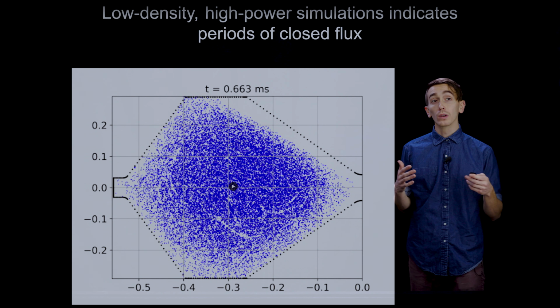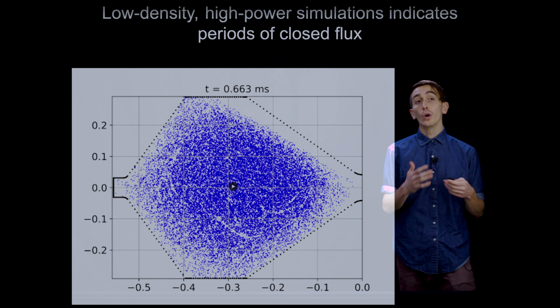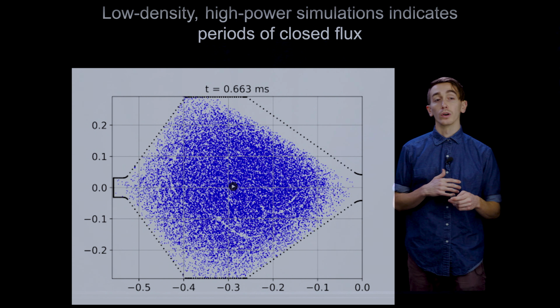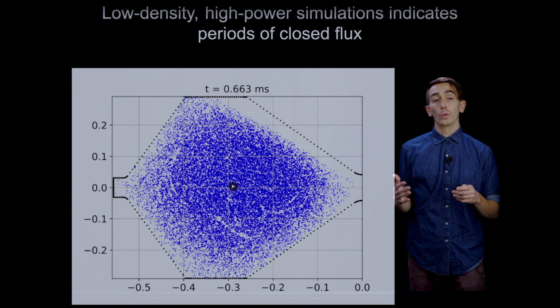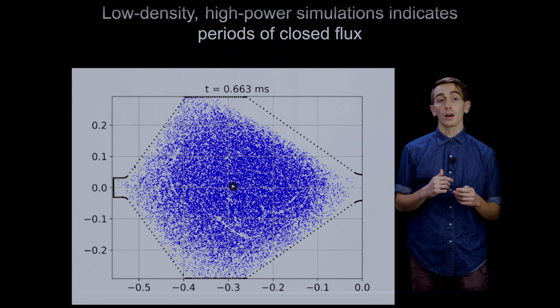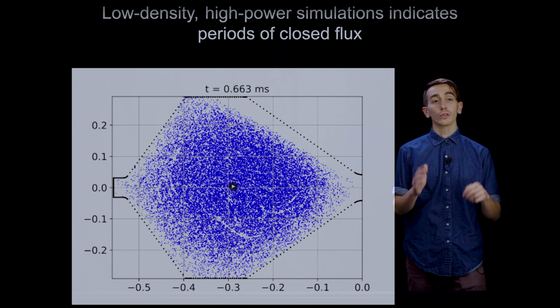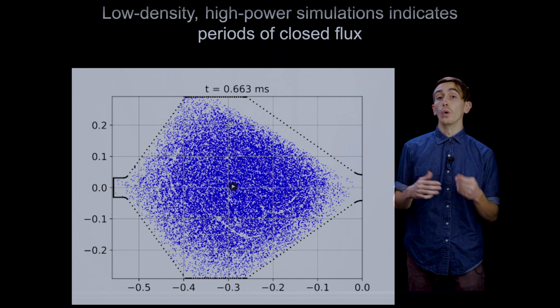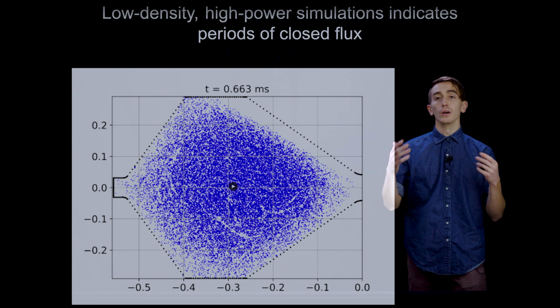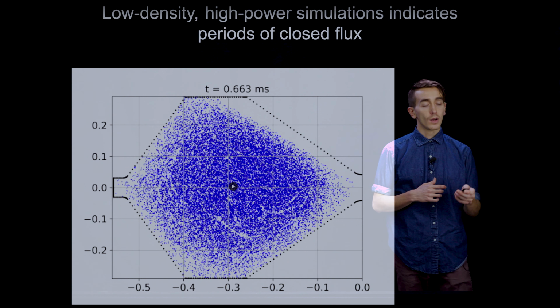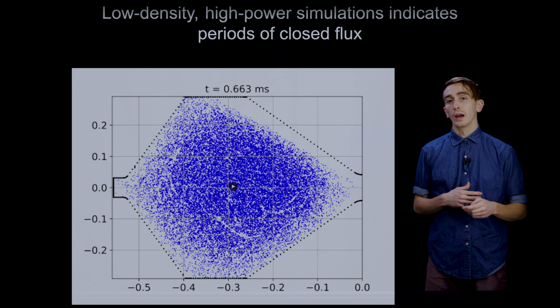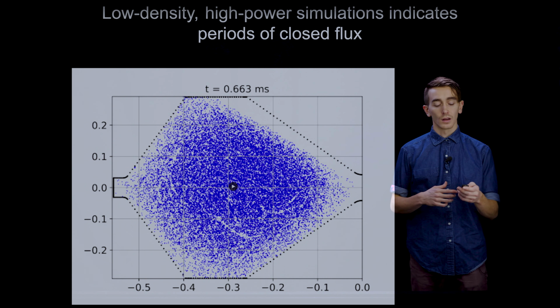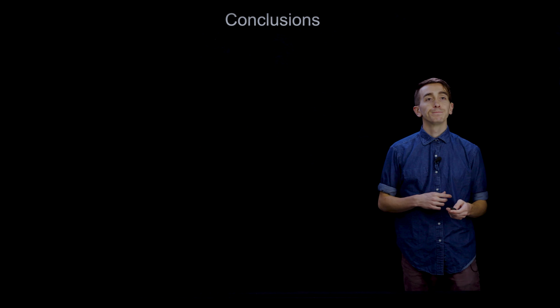Importantly, this motivates a low-density, high-power regime for the experiment, where we can get closed flux formation, and also these refluxing events where closed flux lasts something like 1 or 2 injector periods, or 100 microseconds or so. So this was a really cool result, and it further motivates the direction of the experiment.